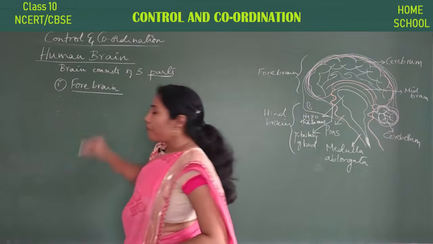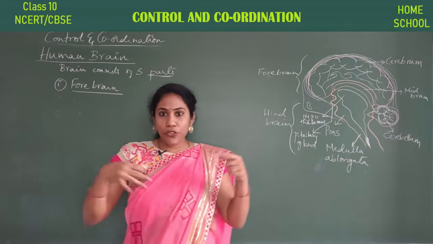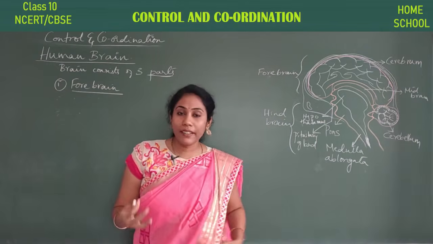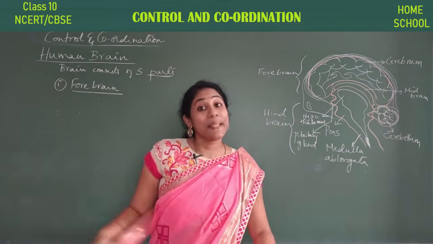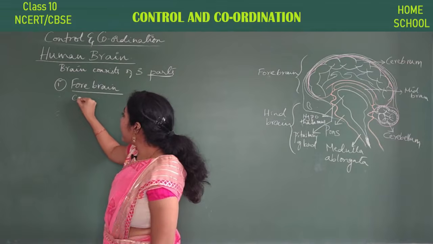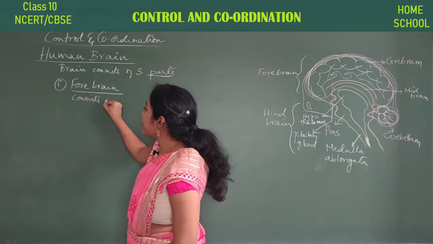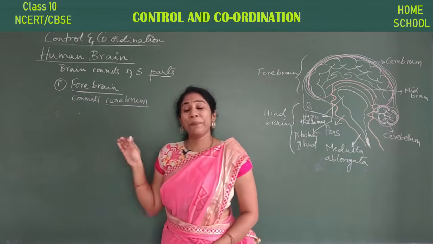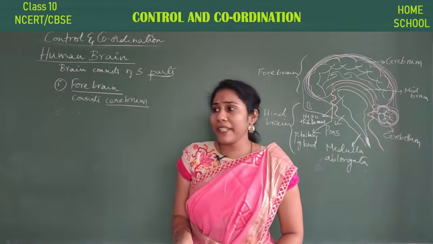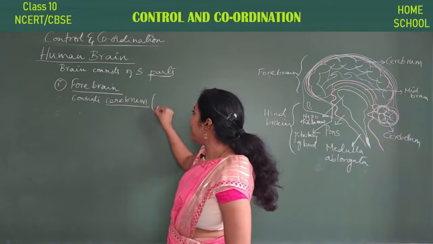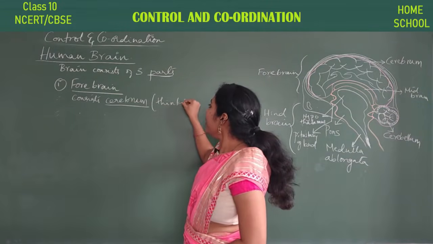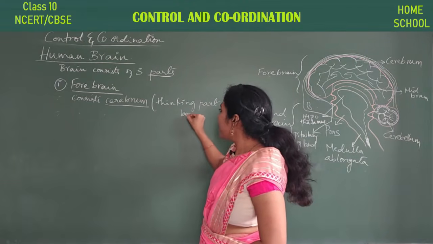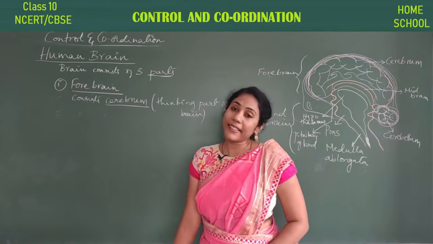The forebrain is the topmost part, a very important part of the brain, which consists of the cerebrum. So what can the cerebrum do? The duties of the cerebrum are many. I can say the cerebrum is the thinking part of the brain.